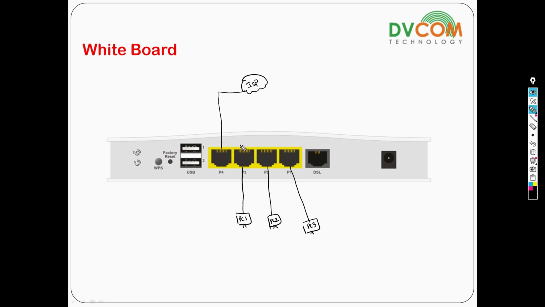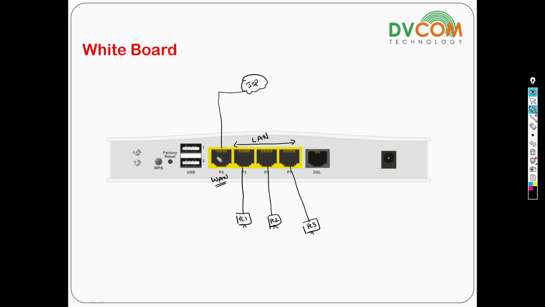The advantage is that in a remote location where you hardly have one or two computers, you can directly connect not only computers but any network device on these three ports. Why? Because these three ports act as LAN, and port number 4 acts as WAN.